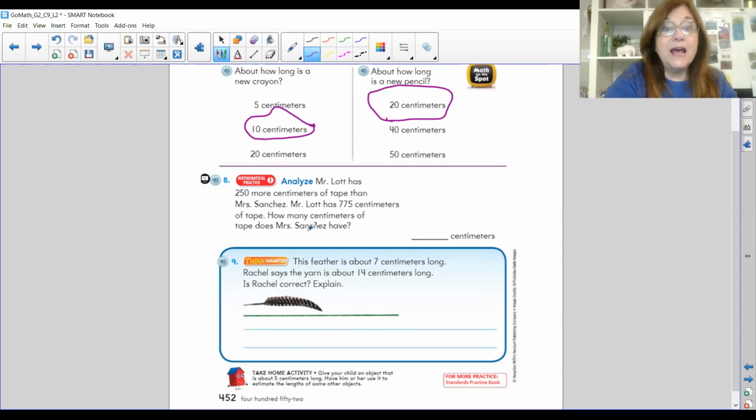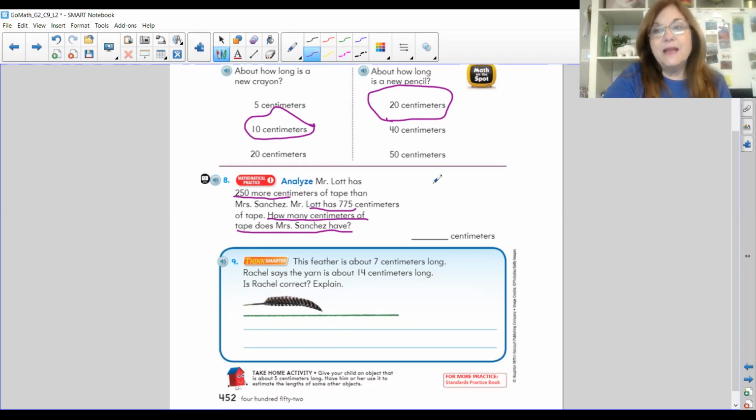Well, let's look at what we have. What we need to find out, first of all, is how many centimeters of tape does Mr. Sanchez have? And we're not given that amount. What we are given is that Mr. Lott has 775, and that is 250 more than Mr. Sanchez.